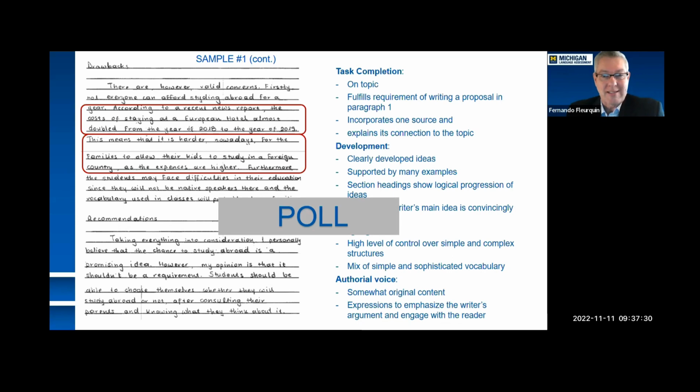We have more than 60% of the people responding already. And we got 64% say it's pass, 34% say it's high pass. Very interesting. Okay, we have very demanding teachers. Others are more accepting. And what was the result?